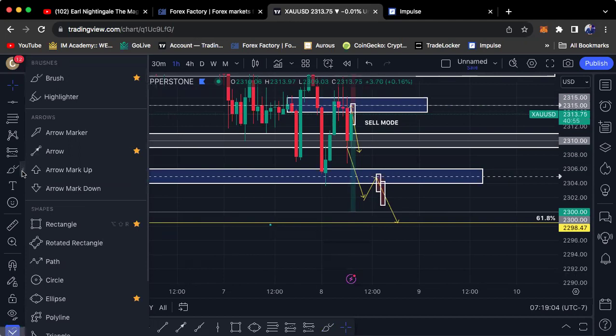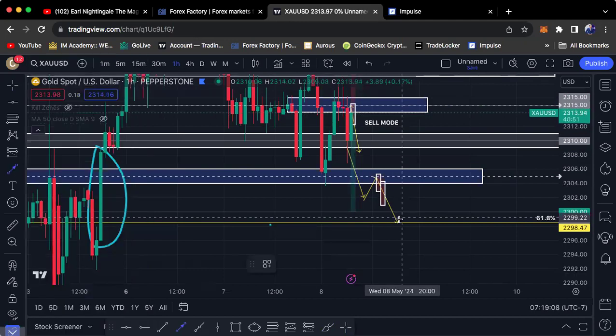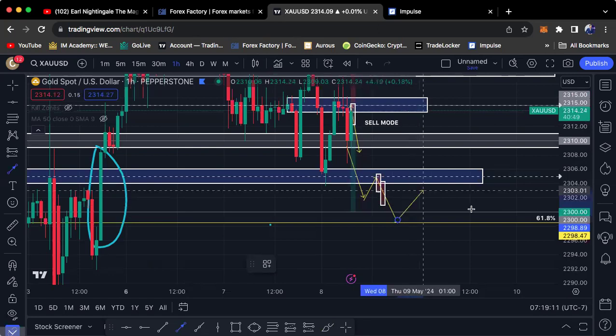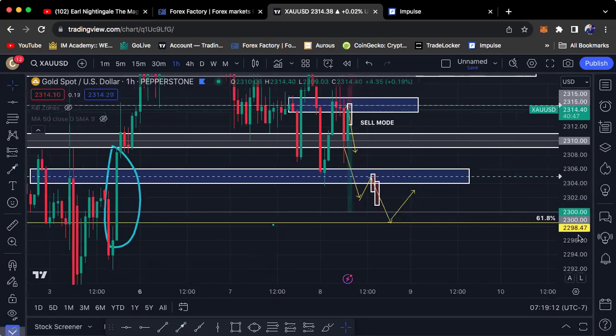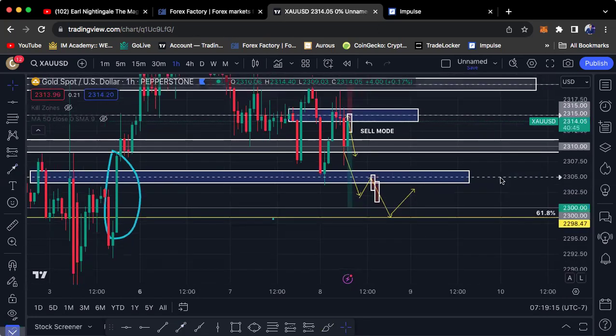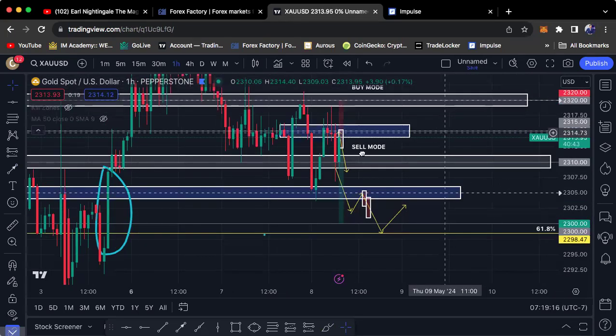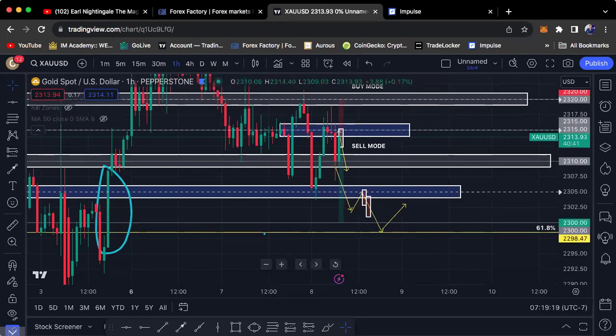So yeah, right now I'm bearish on gold. Might be heading to fill that imbalance.